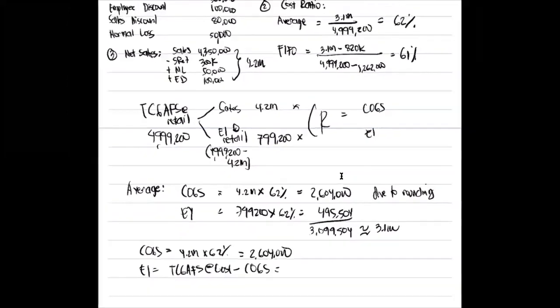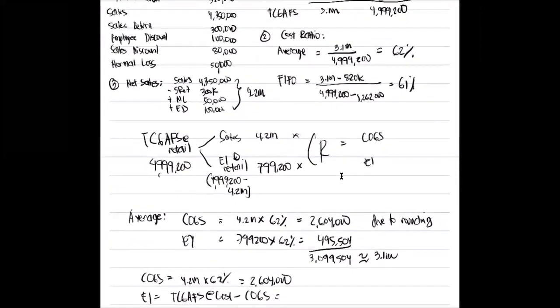So how much is our total cost of goods available for sale at cost? 3.1 million, di ba? I-deduct mo ngayon yung na-compute mo sa cost of goods sold na 2,604. So 3.1 million less 2,604 will give us 496,000. So it's almost the same. Yun nga lang kasi guys, nag-round kasi tayo. Okay?